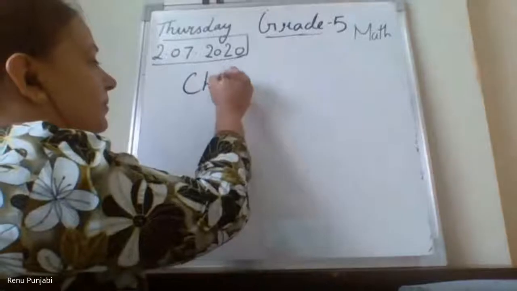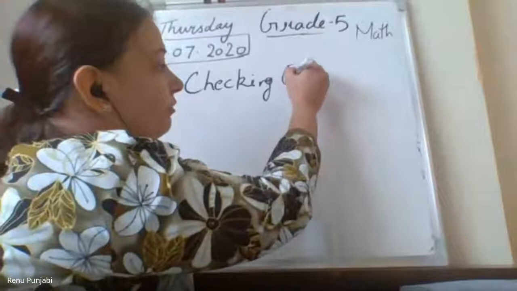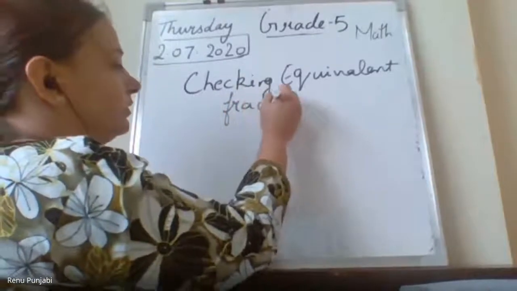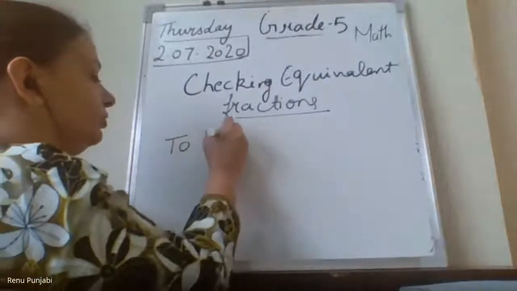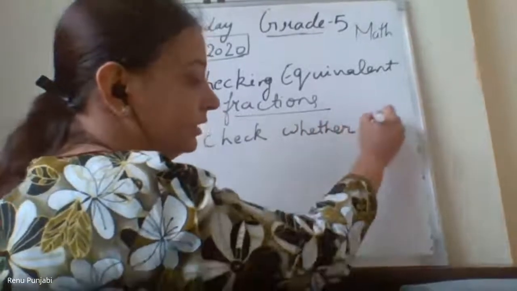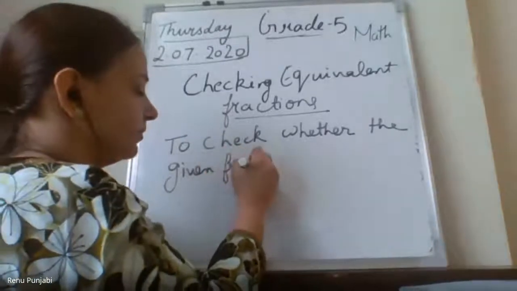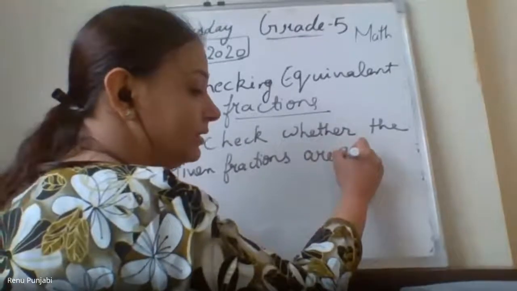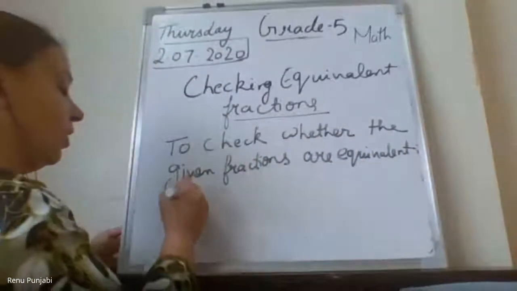Checking equivalent fractions. To check the equivalent fraction, there is a theory to check whether the given fractions are equivalent or not.